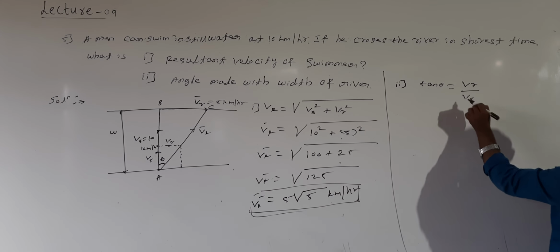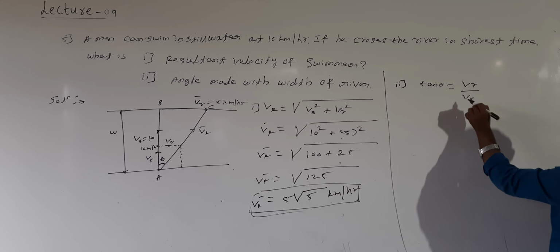Then tan theta equals 1 by 2, or tan theta equals 0.5. So theta equals tan inverse of 0.5. The tan inverse of 0.5 comes to some angle, and that angle is nearly 27 degrees. This is the angle made.